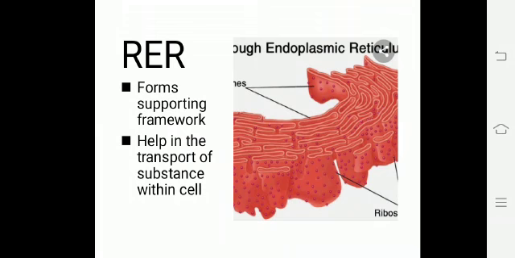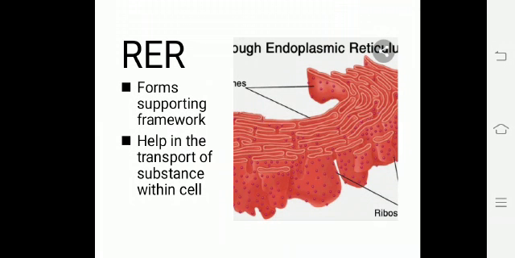So what is the work of this? Endoplasmic reticulum helps in the transport system, and it also supports the cell as a skeleton framework. This is the main work of the endoplasmic reticulum.